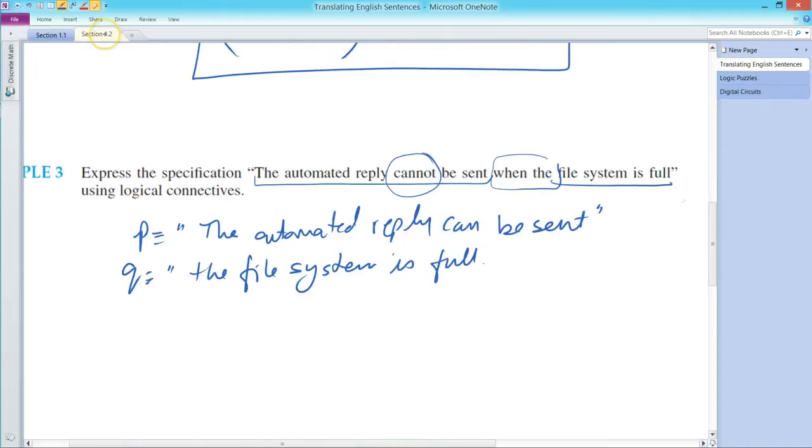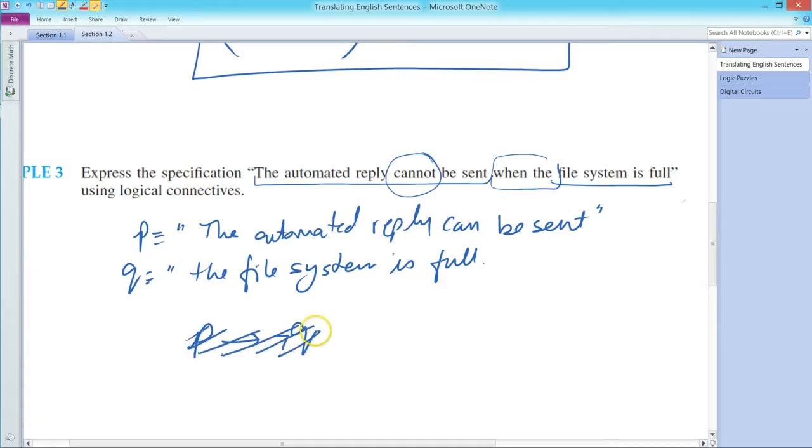So then the translation for this statement is going to be as follows. It says over here, the automated reply cannot be sent when the file system is full. It's as if we're saying, if the file system is full, then the automated reply cannot be sent. So the automated reply cannot be sent is represented by not P. Sorry, my mistake.